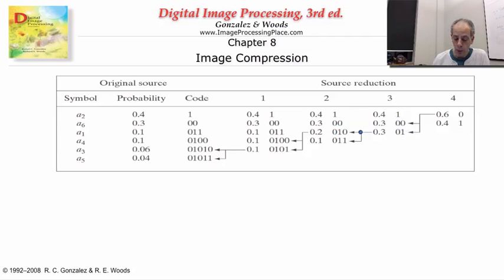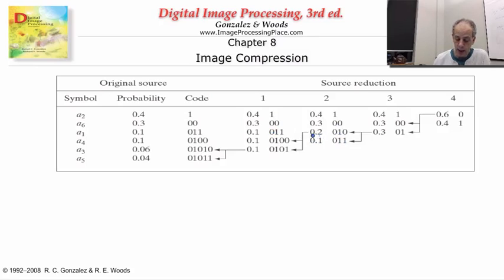For 0, 1, we have to split because this 0.3 probability came from the addition of these two. And then we have 0, 1, 0 and 0, 1, 1. And then we keep going. We propagate the 1 to the 1, the 0 to the 0. This 0, 1, 0, which has a code 0, 1, 1, propagates here.